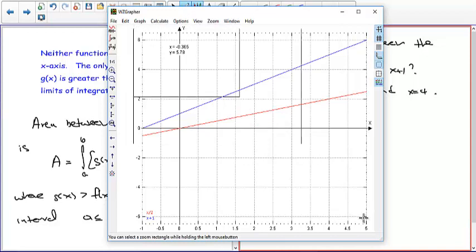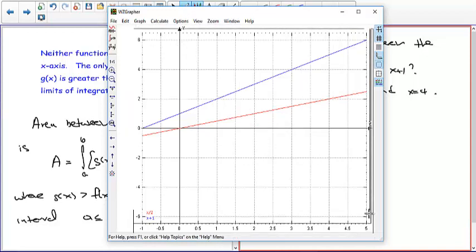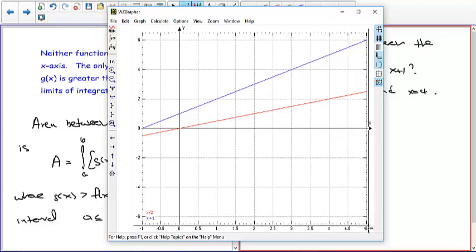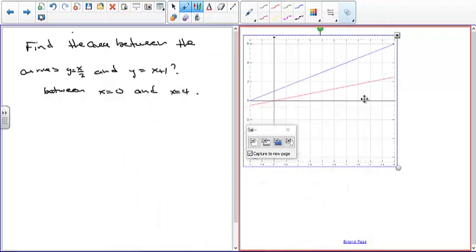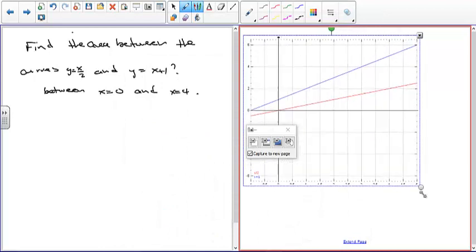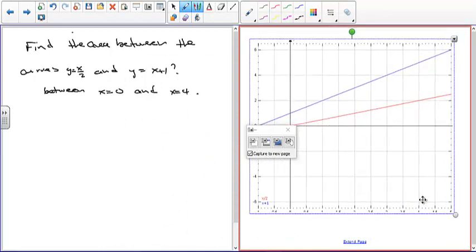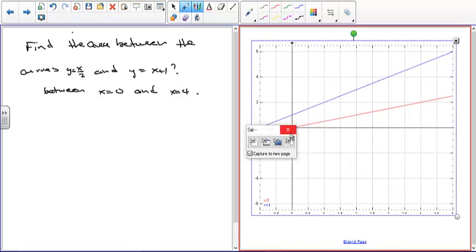So here it is. Now that I have those two functions, I can identify the x values that I'm going between, which is 0, so I'm going to draw a vertical line here, and x equals 4, which is right here.